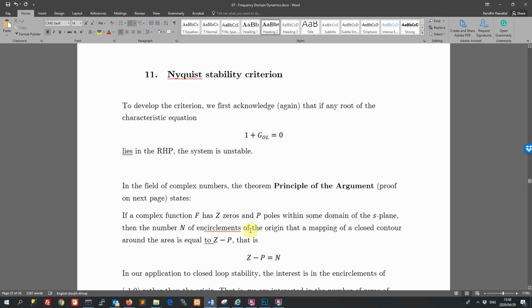And this is really the basis upon which all our controls design is going to be based. So let's work through this. We know, first of all, that if we have any root of the characteristic equation in the right-hand plane, then we are going to have a positive real part, and the system is going to be unstable.